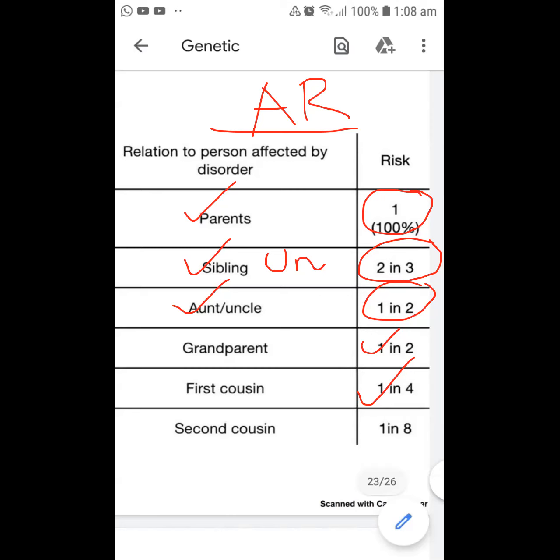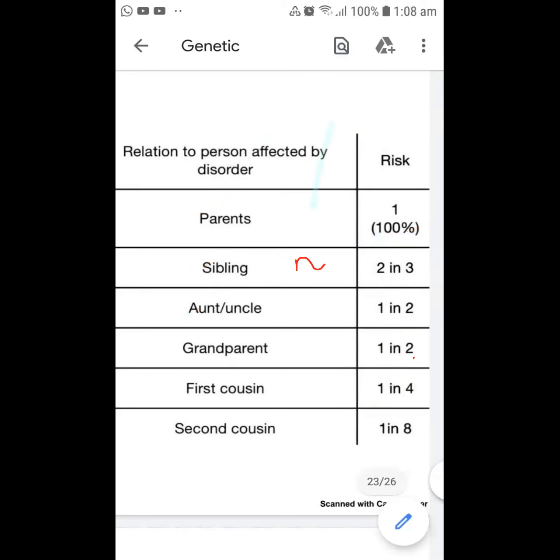The chance is 1/4. Second cousin means the next generation. So your cousin's son or daughter, if affected, then you can be a carrier. The chance is 1/8. So this is the risk of being a carrier with an affected individual.